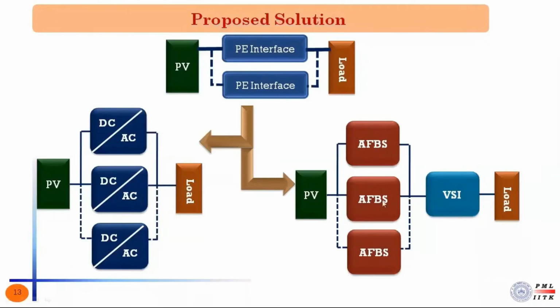Now, if we compare these two ways, then the second way seems more practical, because in the previous slides we had discussed that the conduction loss incurred in the inverter stage is considerably lower than the front-end boost stage. So the second method seems practical in terms of component count also.